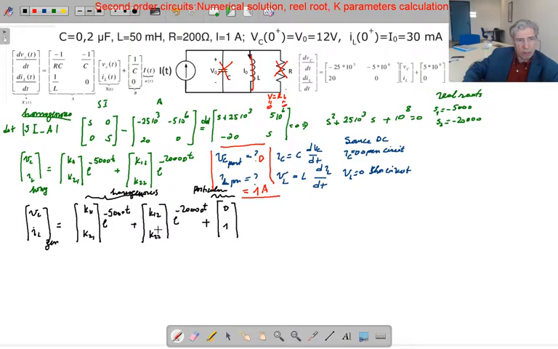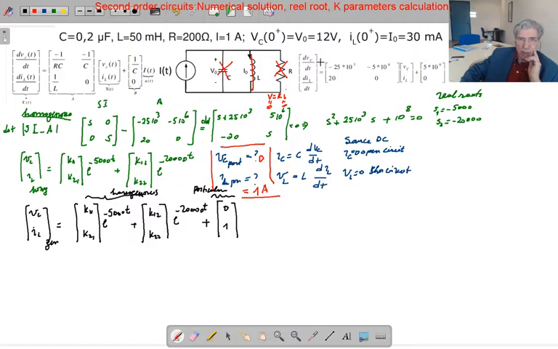So what is left is the calculation of K parameters. How are we going to calculate the parameters? We said we are going to use the initial conditions, these two. But I've got 4 parameters, I need 2 more. How am I going to find them? I am going to find them directly from my differential equation.